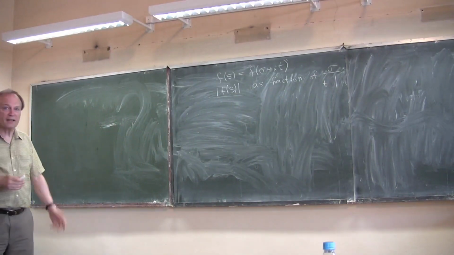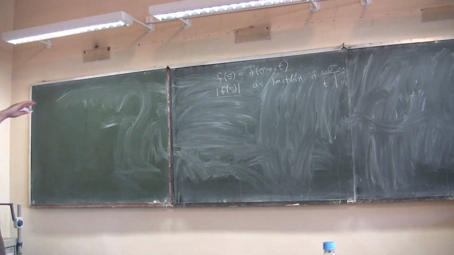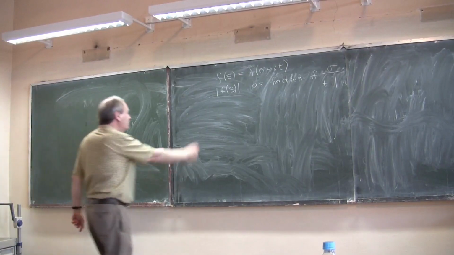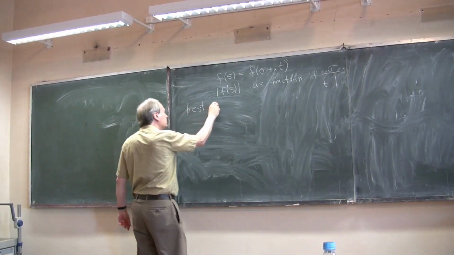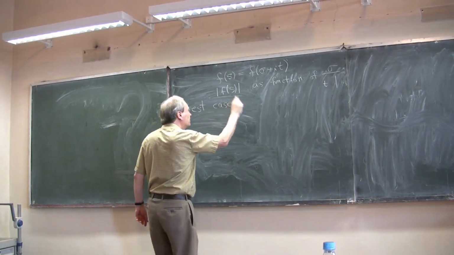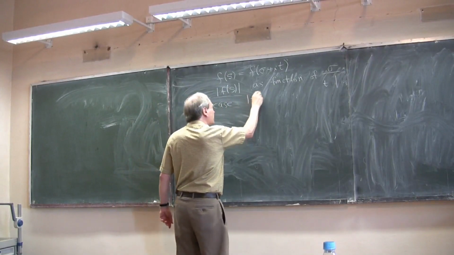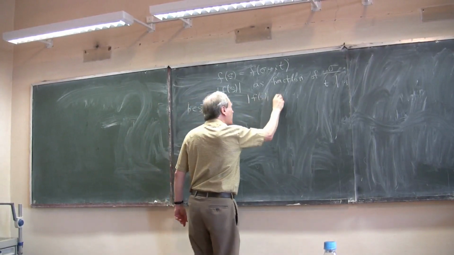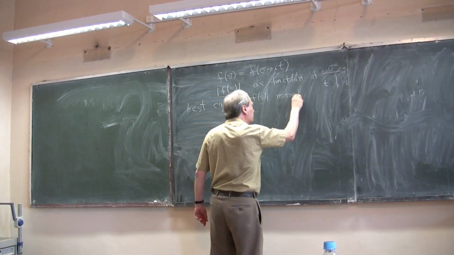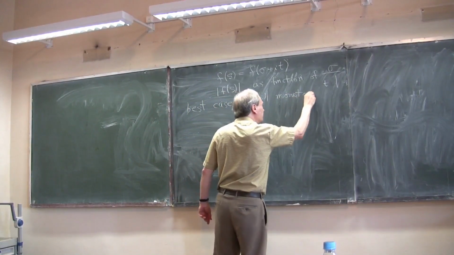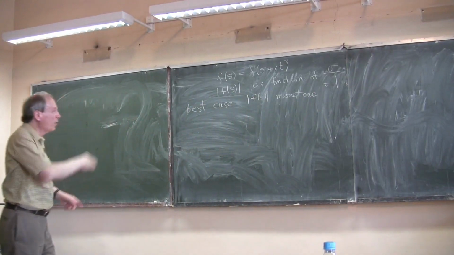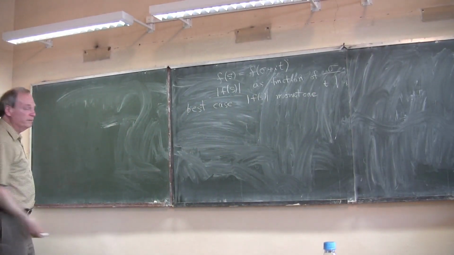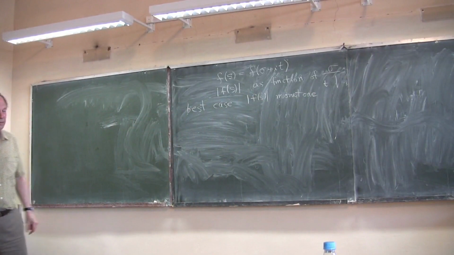That's a possible case when such a graph is monotone and it's a very simple function. So the modulus of f of s is monotone, and by that we mean strictly monotone, along, say, a horizontal line, possibly along a vertical line.